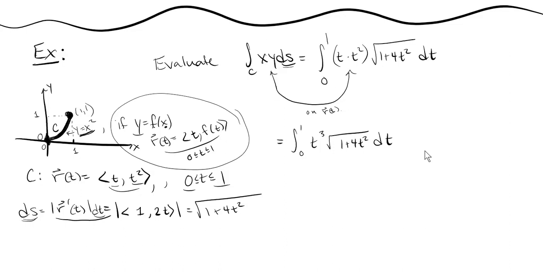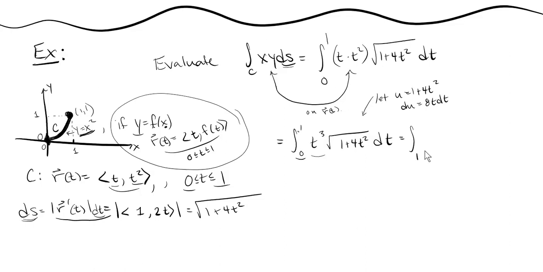You might say, how do I integrate this? I don't have a nice single power of t outside the root to do a substitution. I'd say follow your nose and try a substitution anyway, and see what we get. When I plug in t equals 0, I get u as 1.